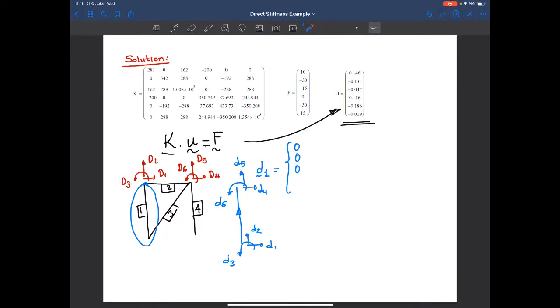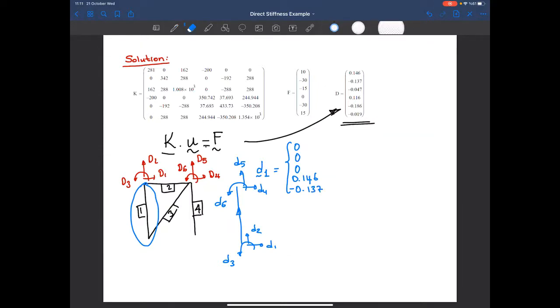And what is D4? It is equal to global D1, and that's equal to 0.146. So let's write it. 0.146 is the translation in the fourth direction. How much translation will I get in D5? That will be the second displacement value, which is equal to minus 0.137.